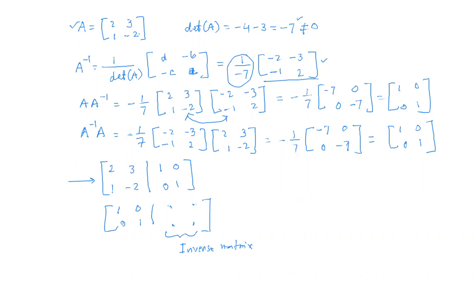Okay, and you can do it for 2 by 2, you can do it for 3 by 3, 4 by 4, doesn't matter. You do the row operations, and you start off with the identity matrix on the right. After row operations, you get the identity matrix on the left. And whatever matrix is on the right, that is the inverse of the original matrix. And that is how sometimes people do it.